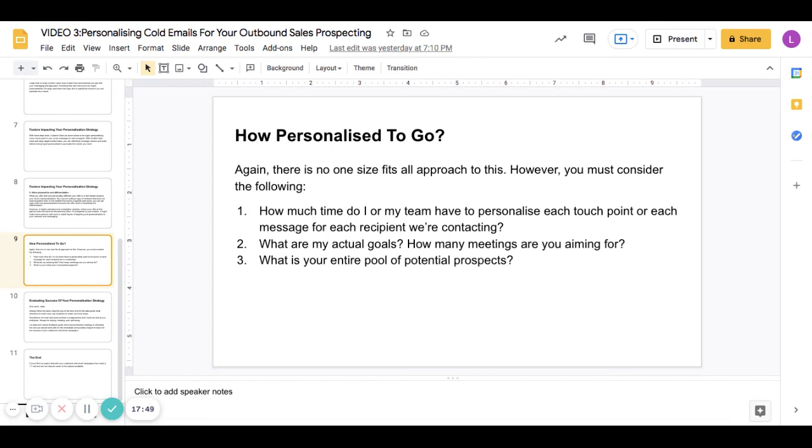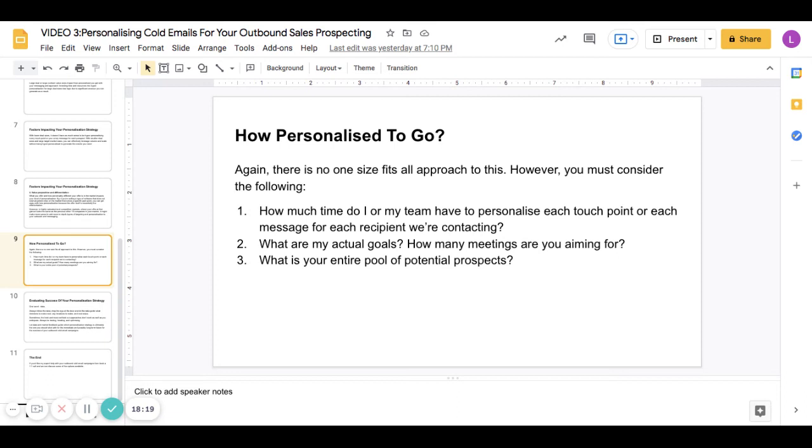A couple of things you might want to ask yourself to work this out, in addition to those factors I've already covered, is how much time do you or your team have to personalize each touch point, each message for each prospect you're going to be reaching out to. If you're a solo business owner, agency owner, software owner, whatever, maybe you've got a fair bit more time on your hands to do this.